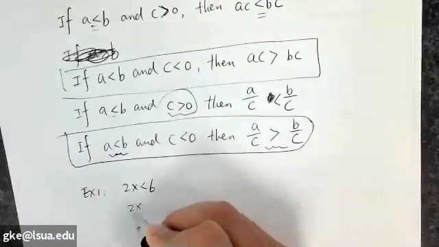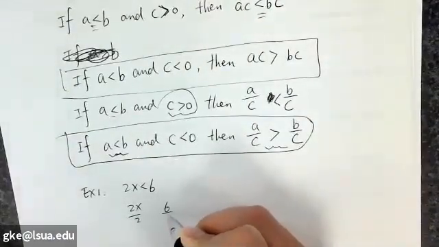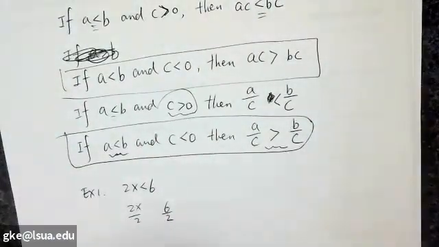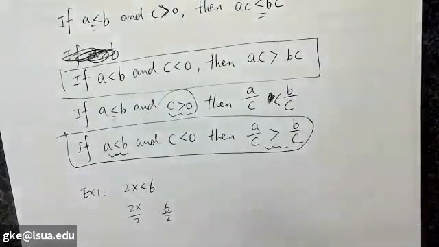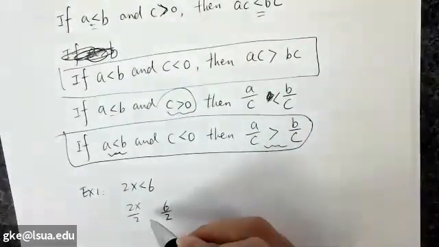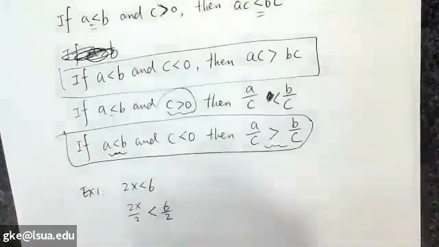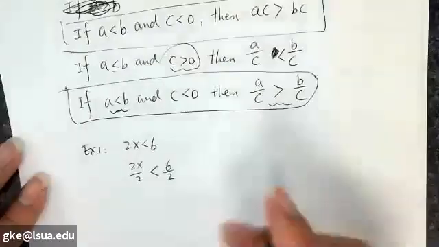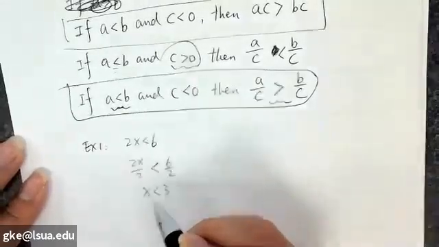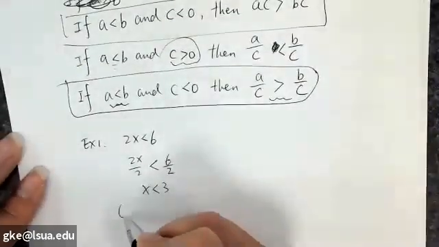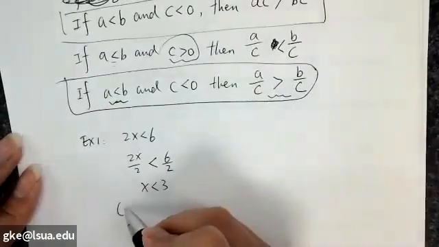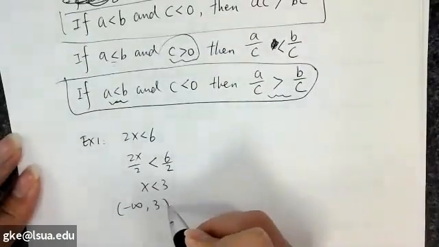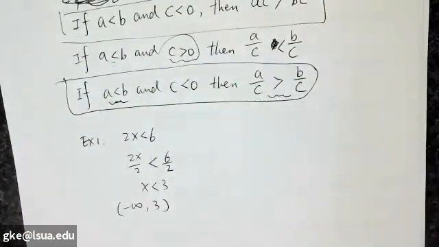So divide by 2 on both sides, because 2 is positive, so we will not change the sign. So x is less than 3, and in interval format.